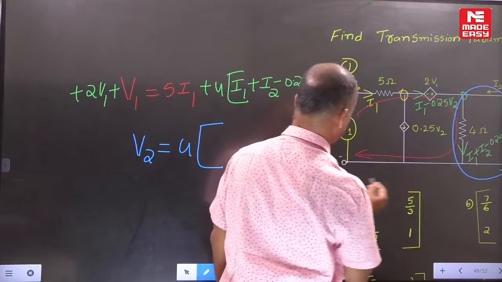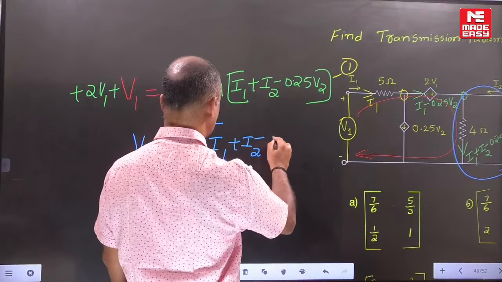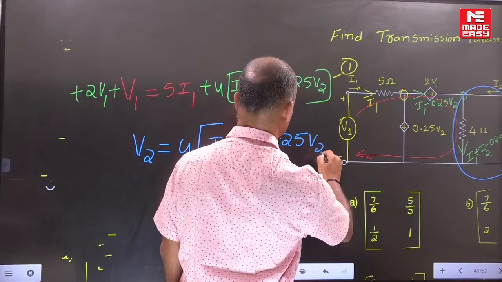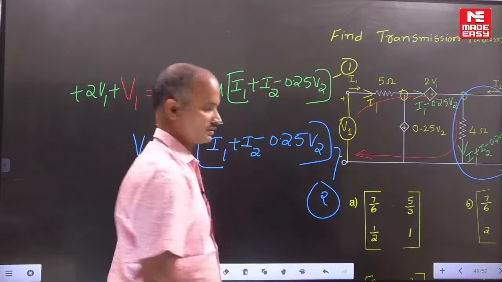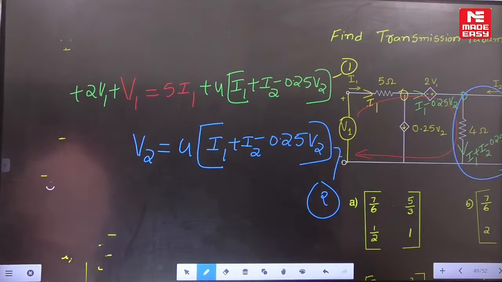The current is I1 plus I2, minus 0.25 V2. I have given the two equations. Rearrange them and convert them into the standard equations of the ABCD parameters.